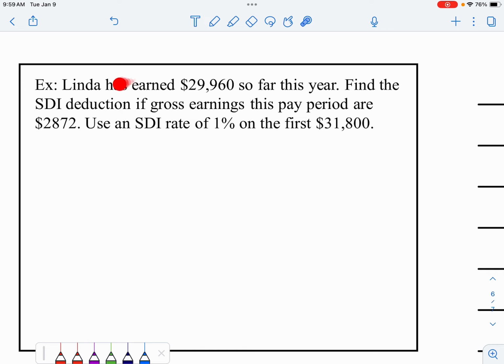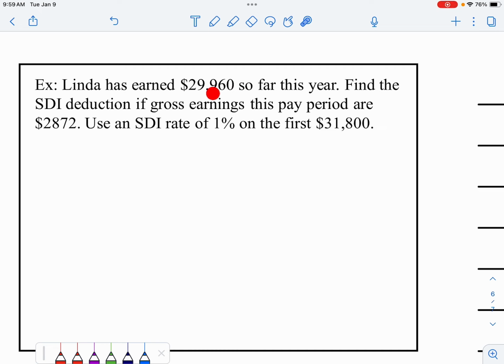Now, in this case, when you add these two numbers together, it's going to be above 31,800. So you don't want to just multiply this by 1%.